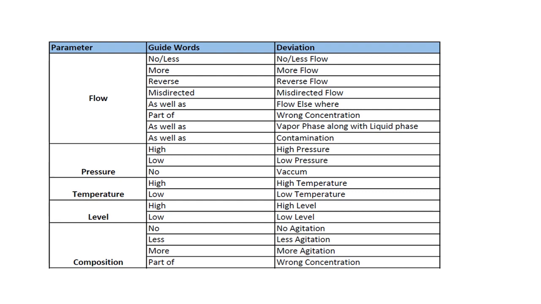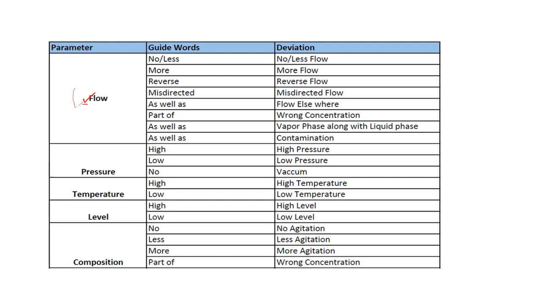So as we all know, the parameters in the Hazops are different process parameters, for example, flow, pressure, level, composition, etc. Now flow is one of the process parameters, and what will be the guide words? So guide word can be no or less.